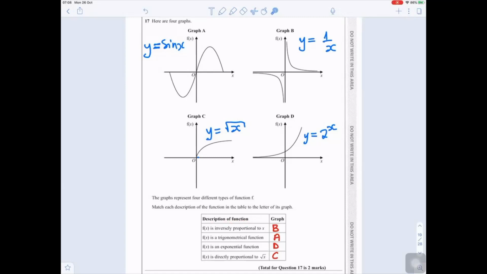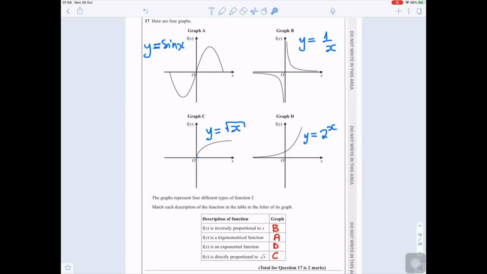F of x is inversely proportional to x. The graph is B, 1 over x. That's y inversely proportional to x, or y equals 1 over x. That's the shape of the graph.